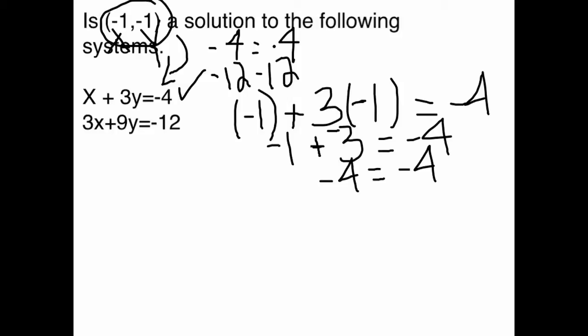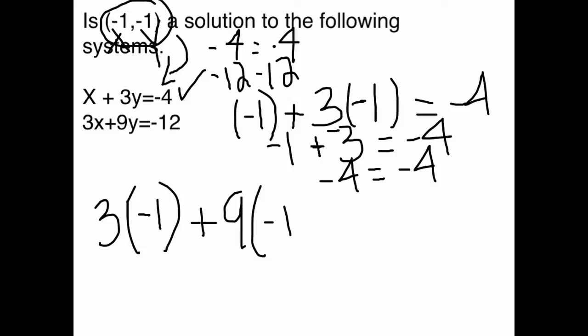Let's see if it works for our second equation. I'm going to write 3, pocket. -1 goes in my pocket in place of x. Plus 9, pocket. -1 in place of y equals -12. I see that 3 and -1 are squished together, which means multiplication. 3 times -1 is -3.